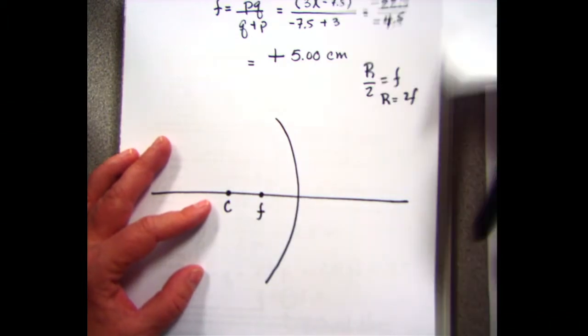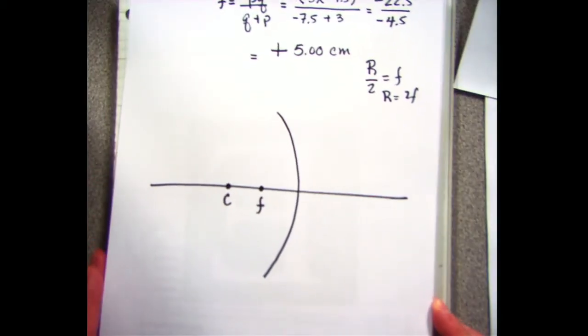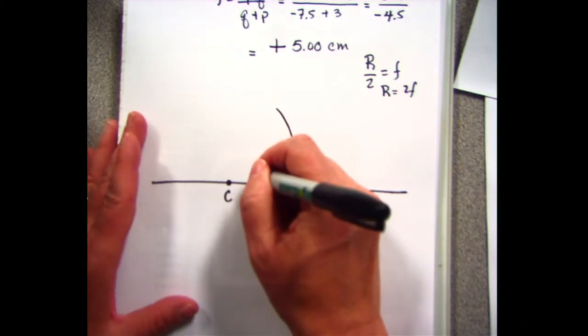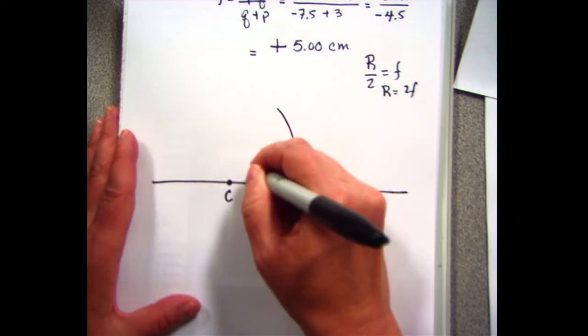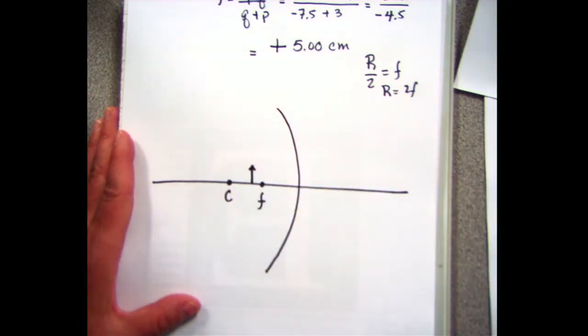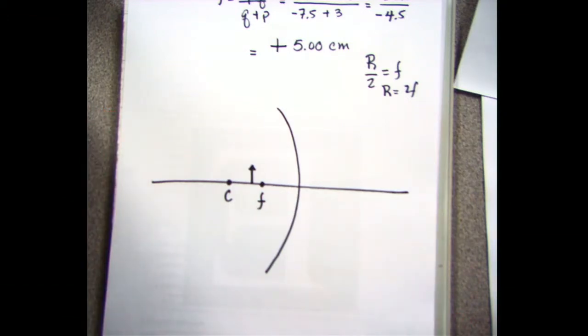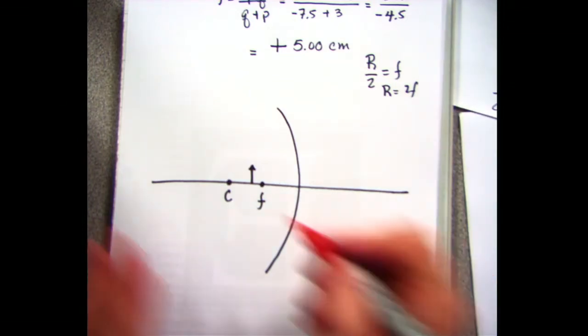We were told, handy dandy piece of paper, that I was 3 centimeters away and my object was 2 centimeters tall. So it's going to be about 1 centimeter. My object was probably right here.